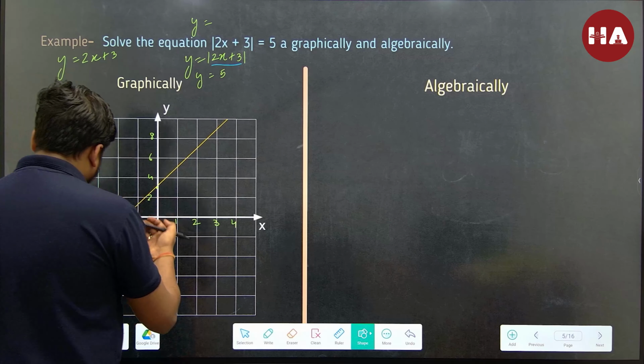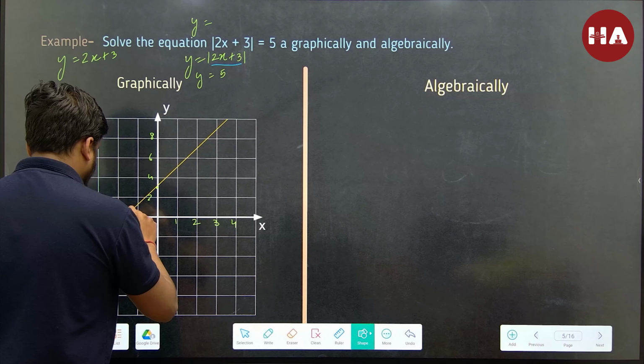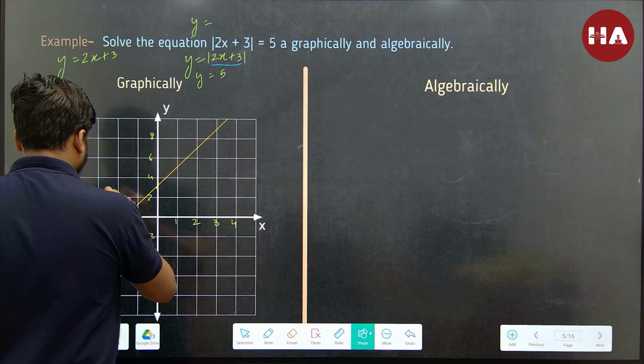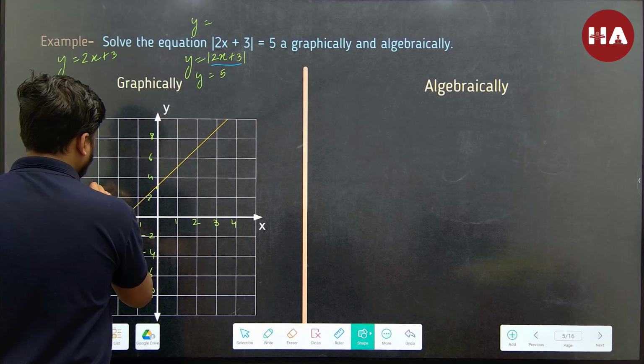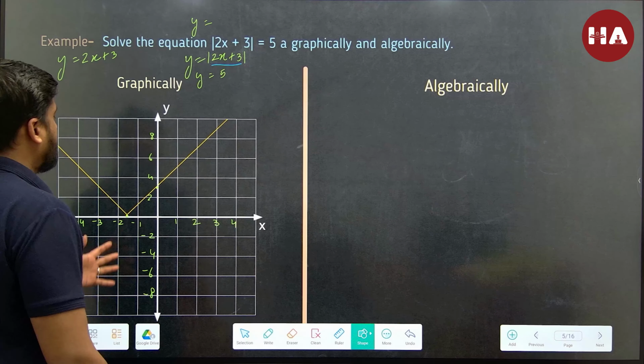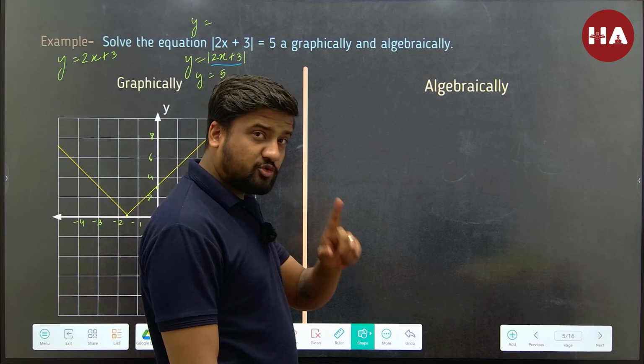And the part that was below the axis will be reflected, and we'll get something like this. All right. That's the graph of y equals |2x + 3|.